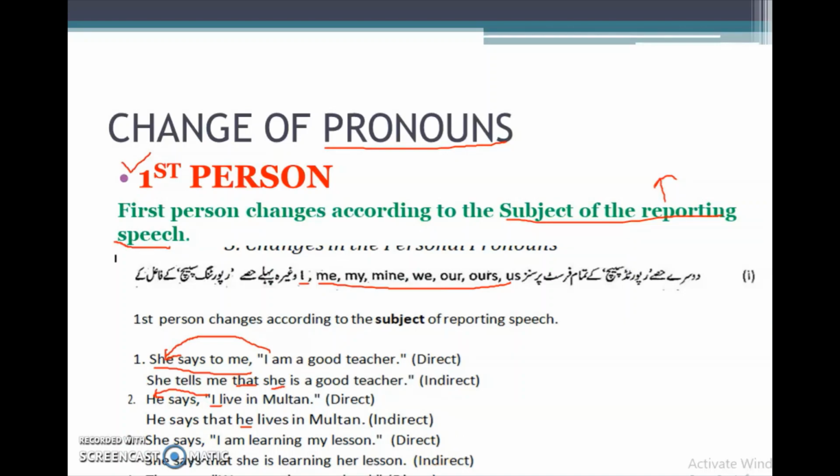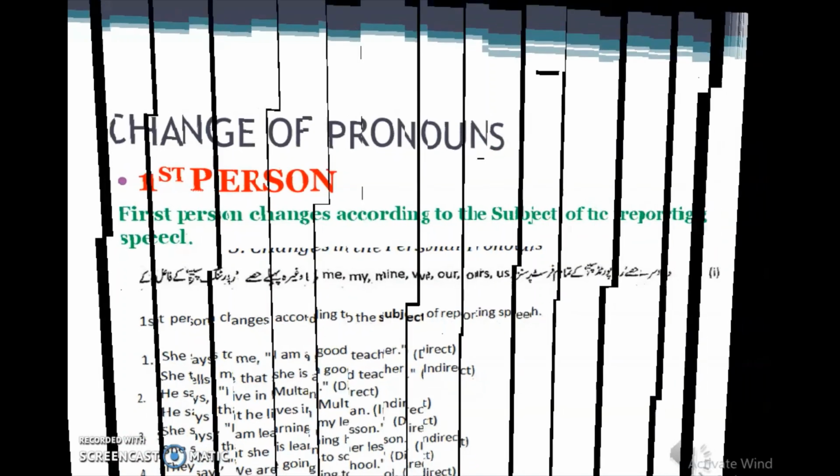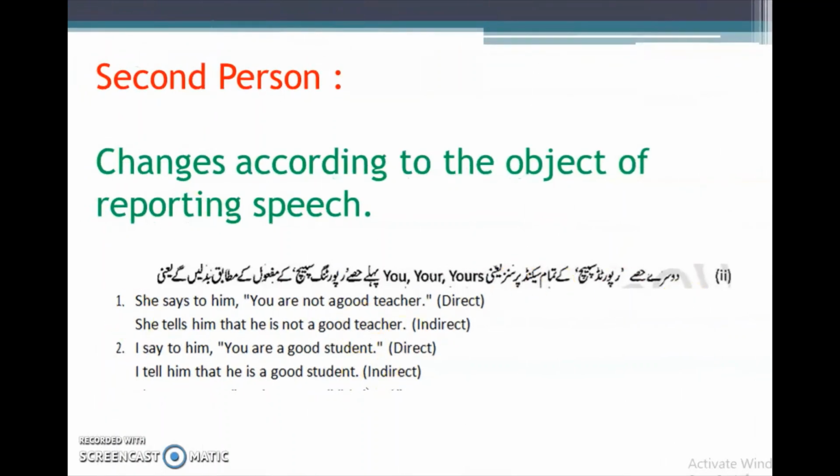Let's move toward the next pronoun change, that is second person. The rule says that the second person changes according to the object of the reporting speech. We will look at the reporting speech, find the object, then change it accordingly. And what is second person? These are written here. Look at the example.